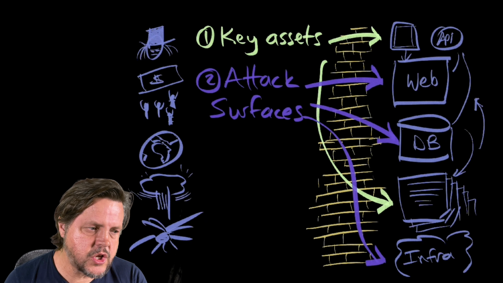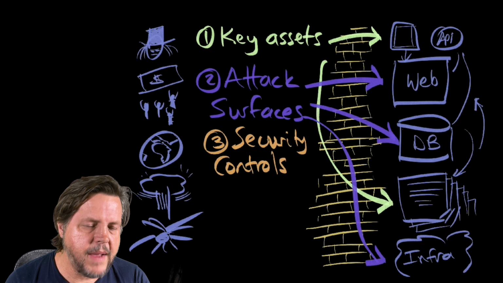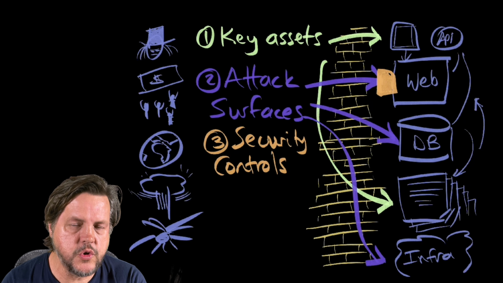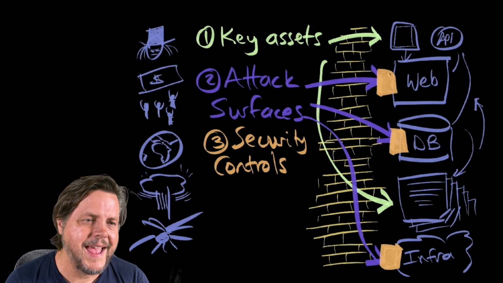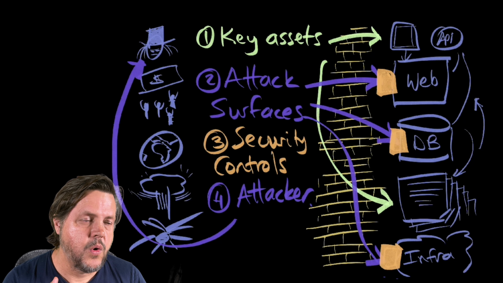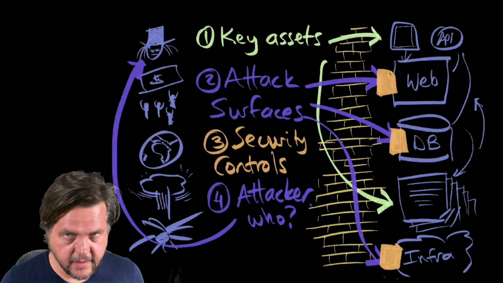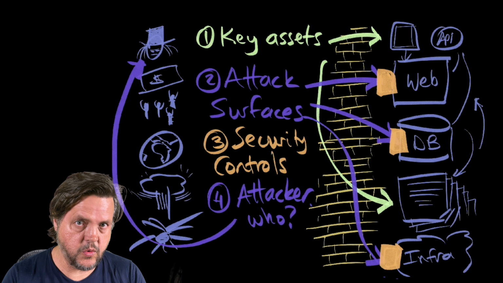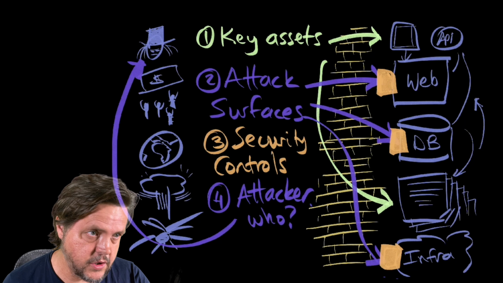Then you want to take stock of your security controls. You want to take a look at what methods you have in place to protect your systems. Call those security controls. Then we want to take a look at our attackers and we want to say what motivates them, who are they, and why would they want to be driven towards attacking either you or a service that you very much depend on.